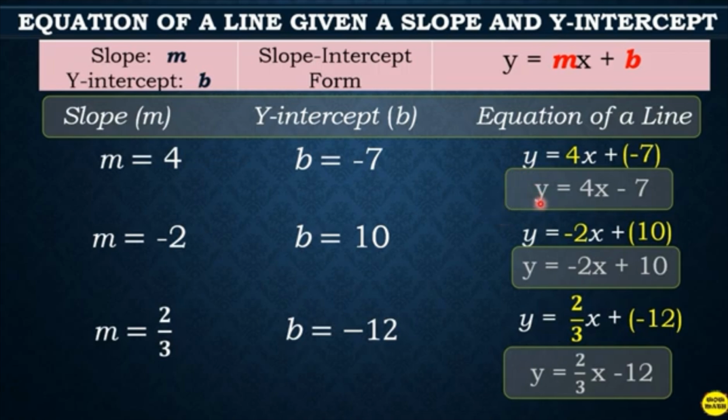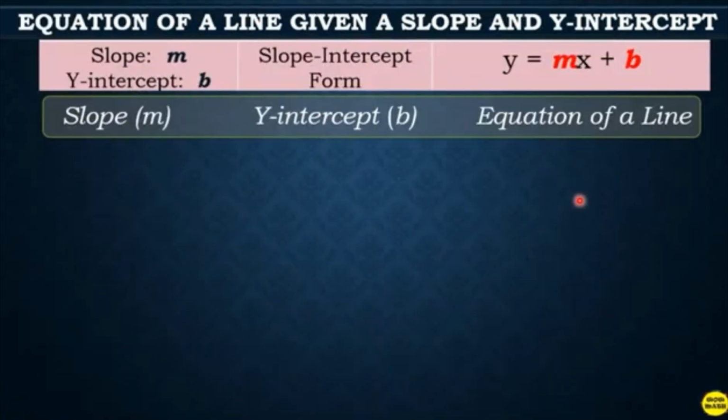Kapag ang hinihingi po, wala namang instruction kung anong form ng equation of a line ang hinihingi, okay na po ito. Pero kapag ang direction is write the equation of a line given the slope and y-intercept in standard form, then you have to rewrite this into standard form. Okay? Paano tayo magre-write ng slope-intercept to standard form? You may rewatch the video dun sa ating rewriting. Pwede nyo pong balikan ang ating video tutorial about dun.